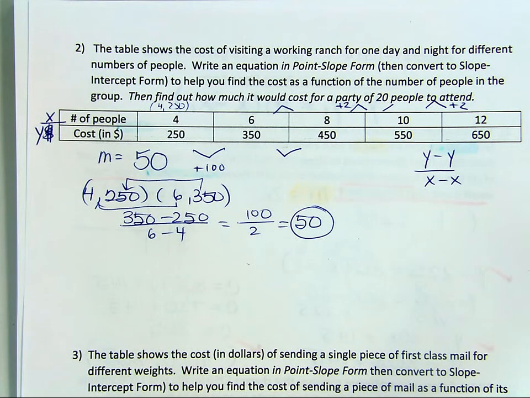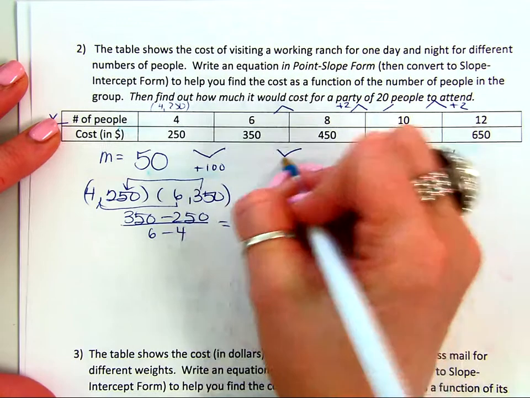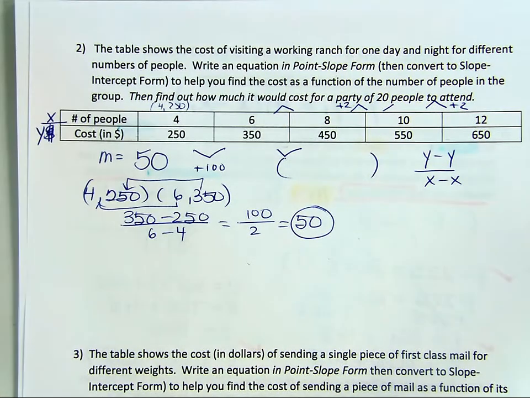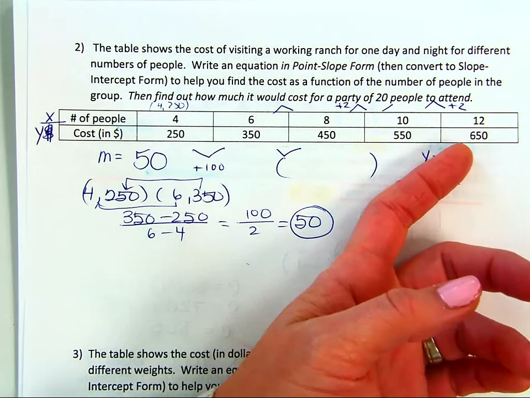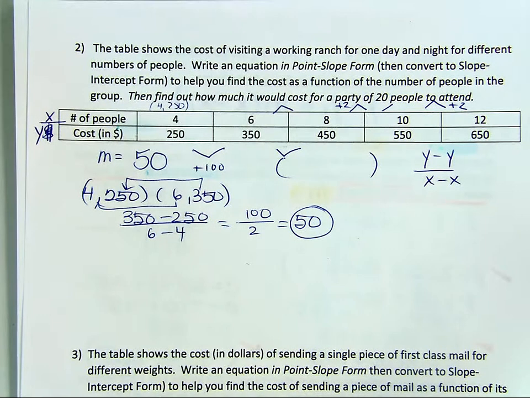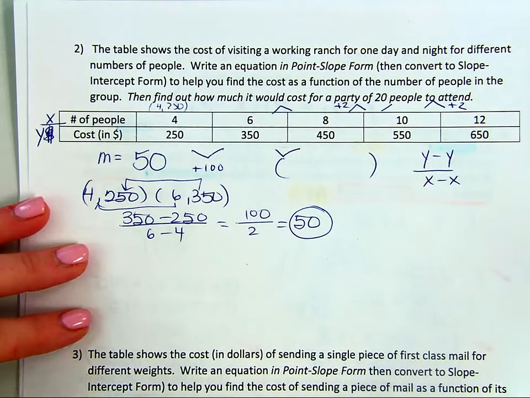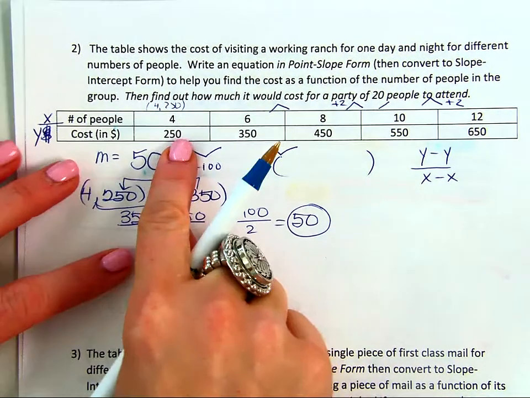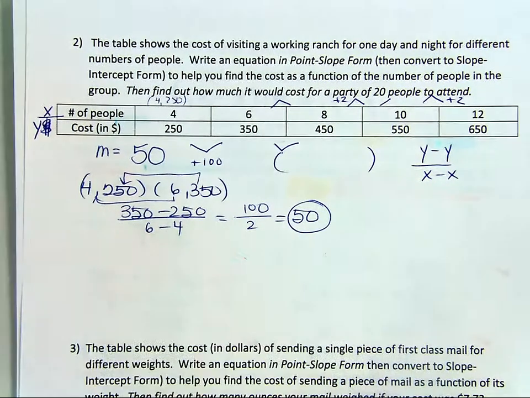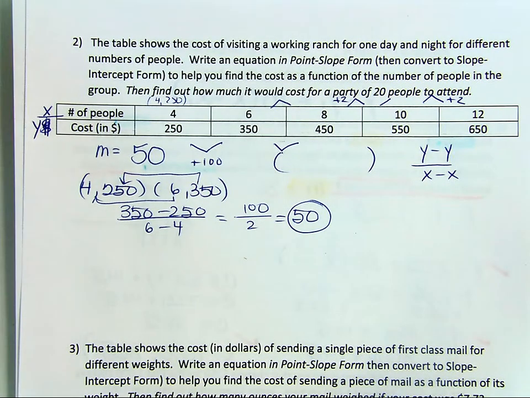Okay, so here's the other thing. I got my slope. I need a point. Hey, why work with big numbers when you can work with littler ones? I mean, you're going to use a calculator anyway, but what I need you to know is you pick whichever point you want. If 5 of you pick 5 different points and plug it in, you're still going to get the same slope-intercept equation. Do you understand that? It shouldn't matter, okay?